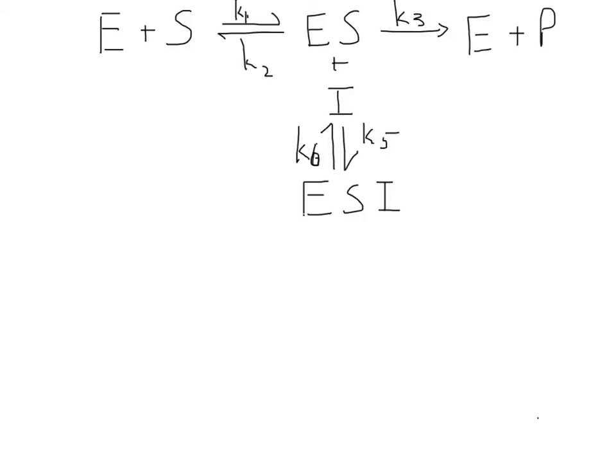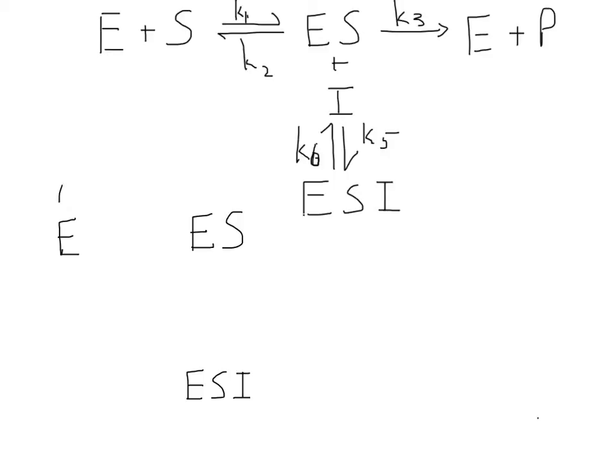Continuing on, I've redrawn our kinetic mechanism, and now we're going to rewrite it in a manner that focuses just on the different forms of the enzyme, which is our typical first step when we use the King-Altman method. So we have E, and we have ES, and we have ESI as our three different enzyme forms.